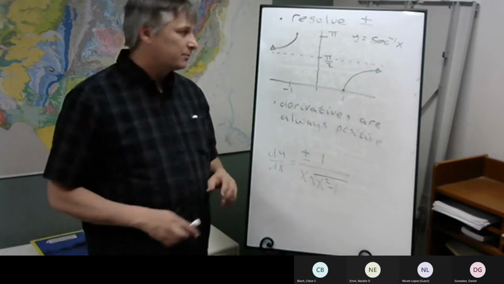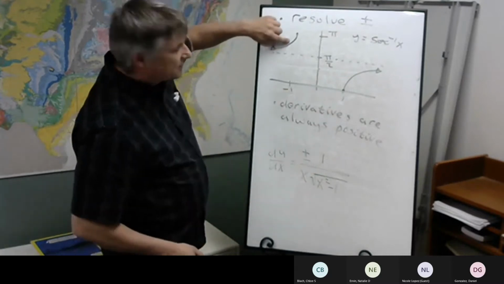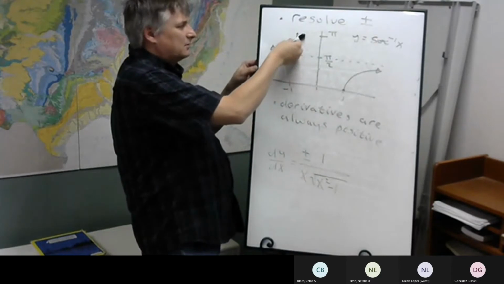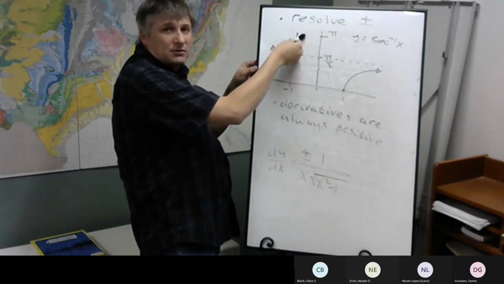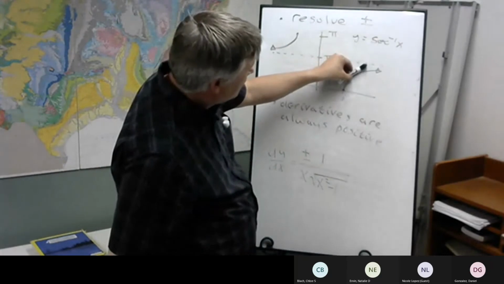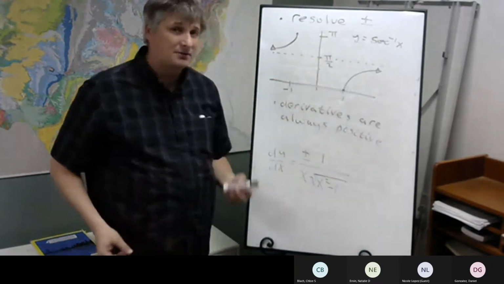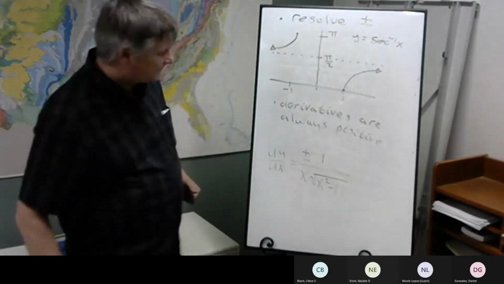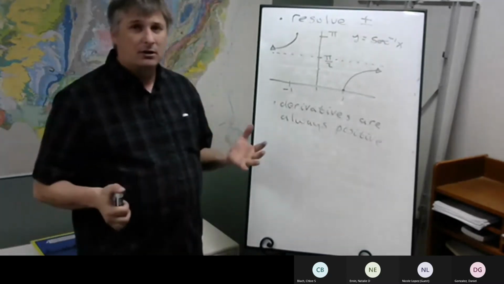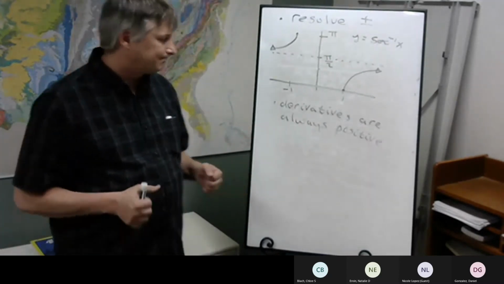If we think about the derivatives, they're tangent lines. The tangent line is going to be, say here, a positive slope line. Or you have a tangent line here, that's also a positive slope line. So that means the derivatives for this function are going to be positive.